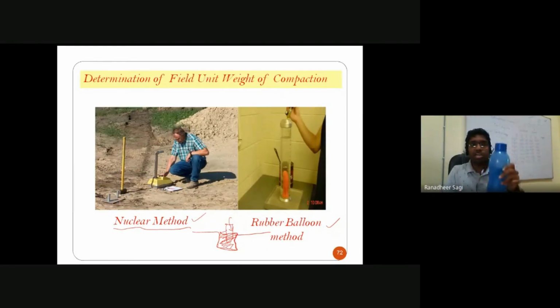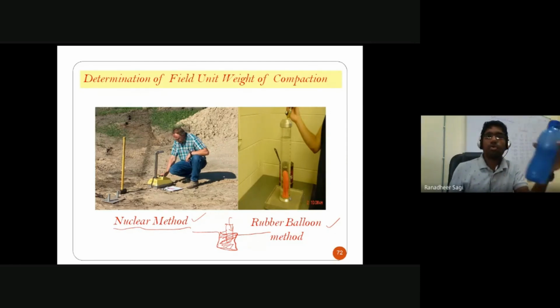If the mold is not going in easily, we give more and more loading from the top to push it. But what is exactly happening here? There is a gravel particle which is not allowing your mold to get pushed easily into the ground, certainly causing damage to the mold. That's the reason why we say the core cutter method is not very effective in coarse grain soil or gravelly soil deposits.